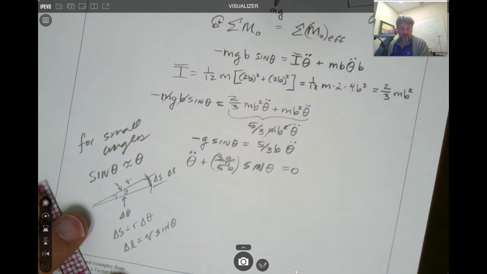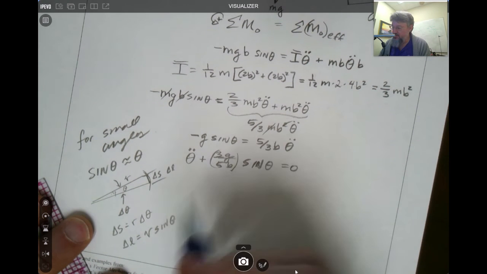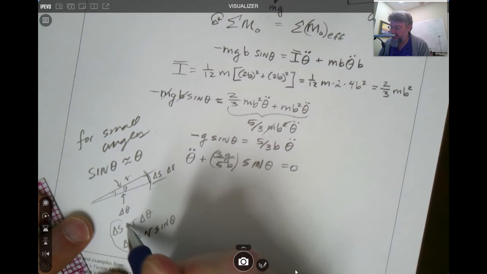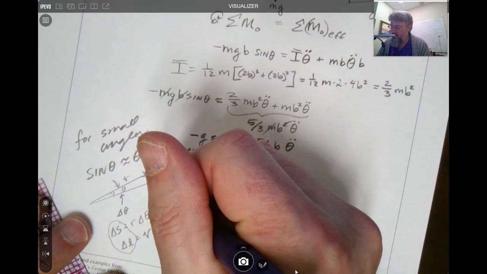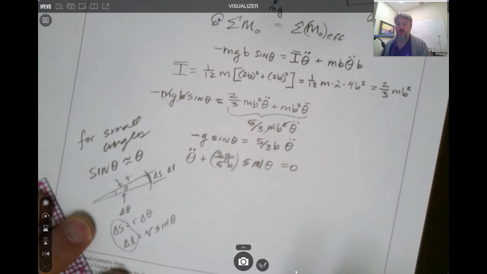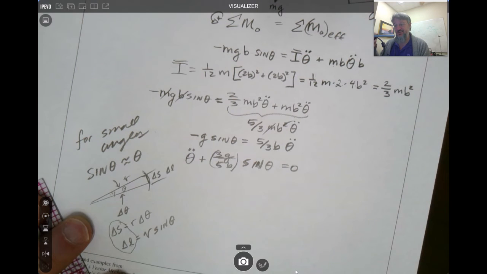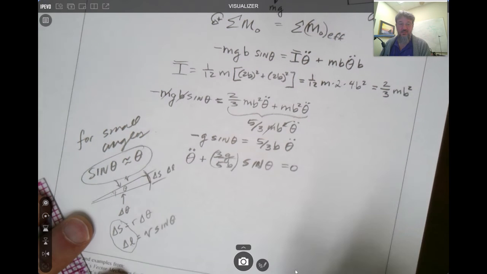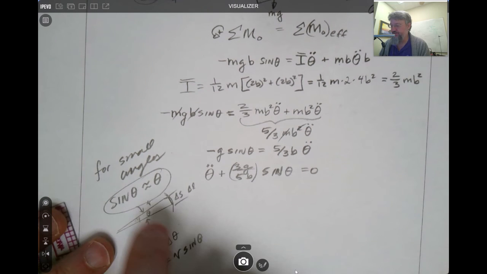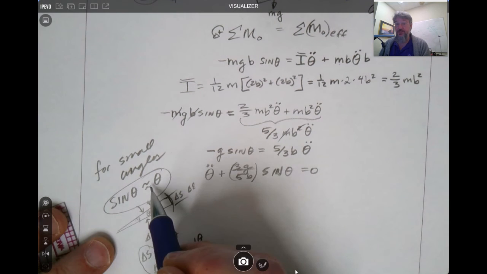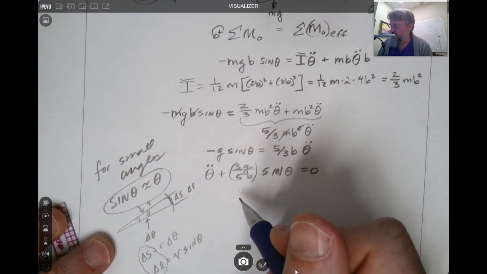So for very small angles, the arc length and the length of a straight line start to approach each other and get really small. You could also plug it into your calculator, and if you keep it in radians, you would find the same thing.